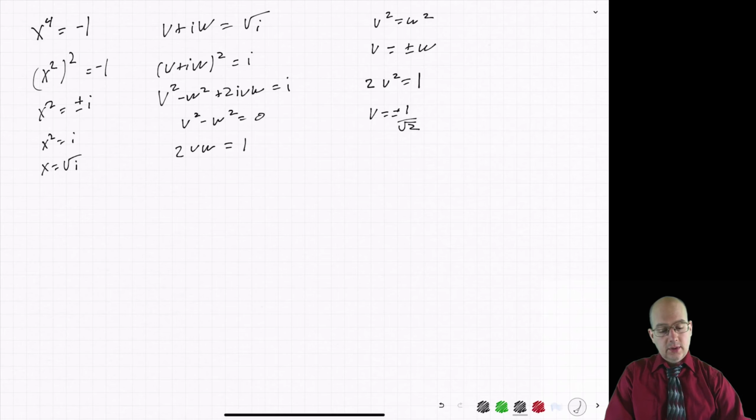And essentially you get 1 over root 2 plus or minus 1 over root 2 when you plug in everything that could work.